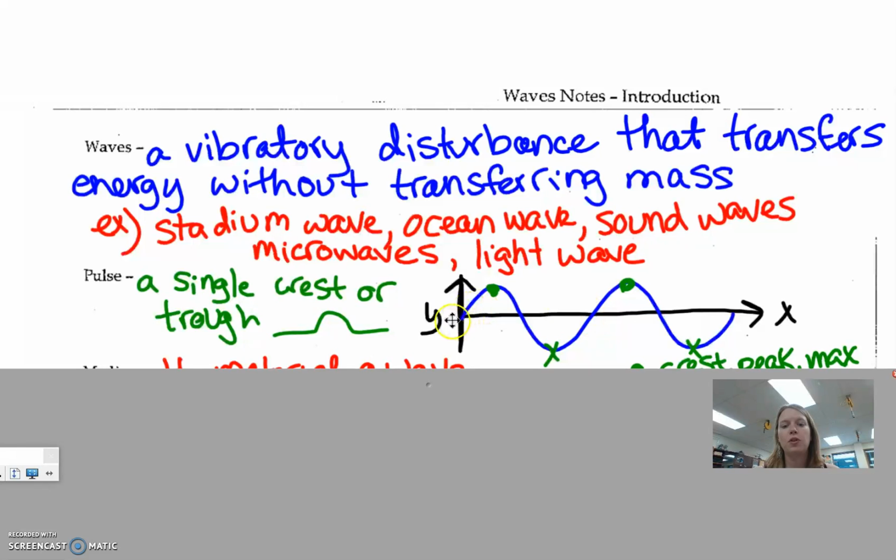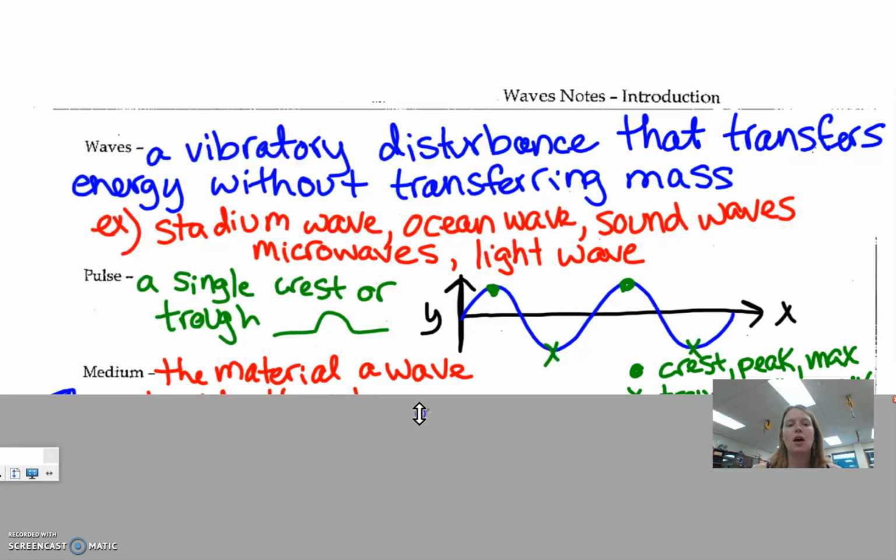That's one full cycle, and I've drawn two complete cycles here. The peak, which is at 90 degrees in this case, is up here. There are two peaks drawn, or crests, and then two valleys, sometimes called troughs. You also might call these maxes or minimums.